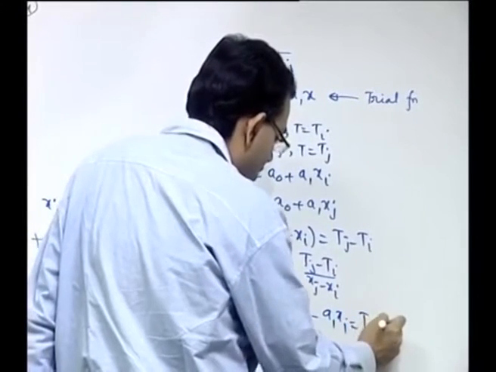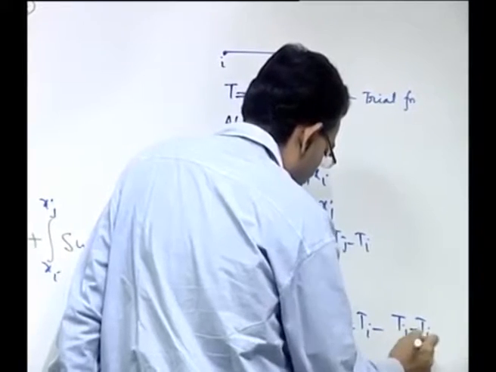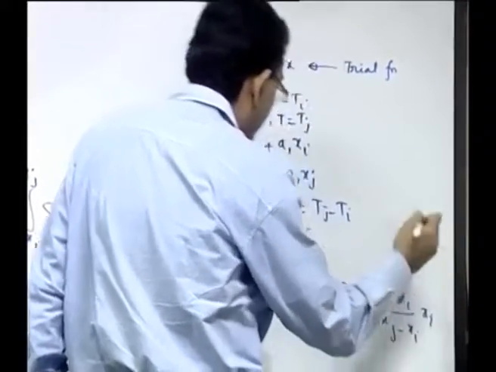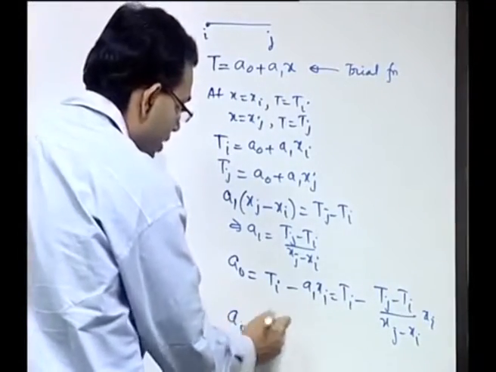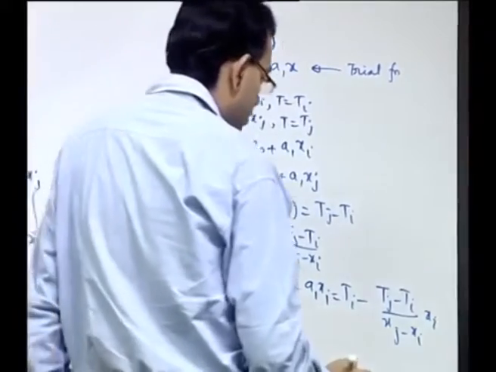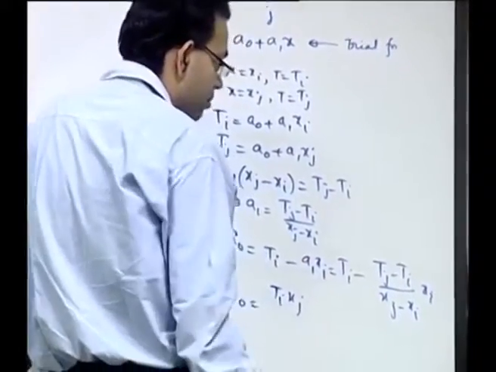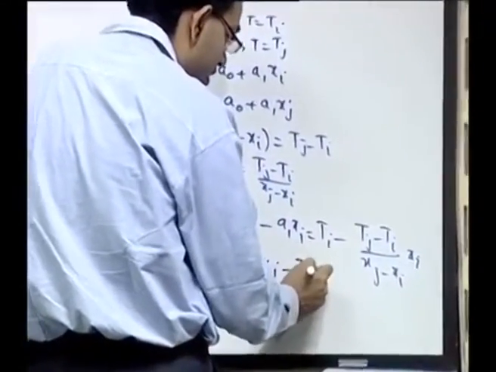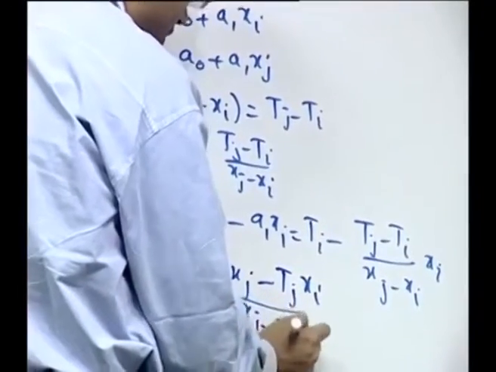So, Ti minus Tj minus Ti by xj minus xi into xi. So, a0 will be Ti xj minus Ti xi and plus Ti xi will cancel. So, minus Tj xi by xj minus xi.